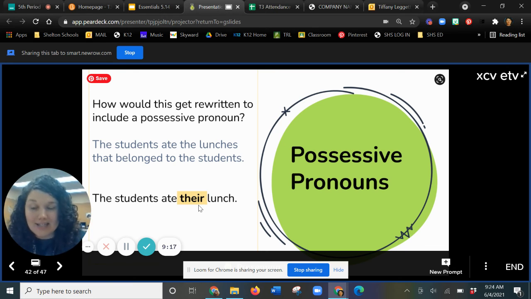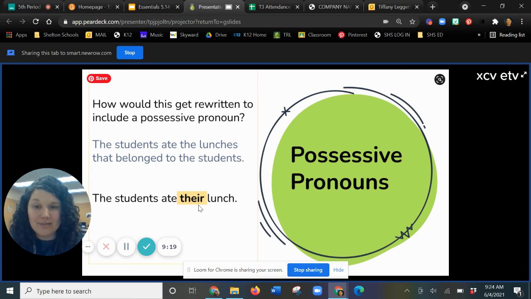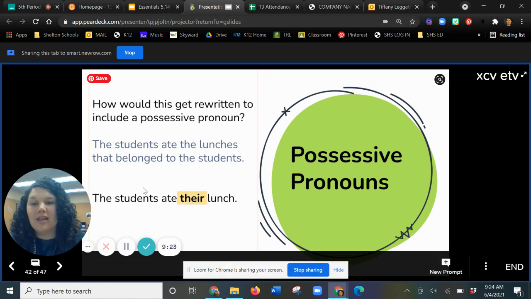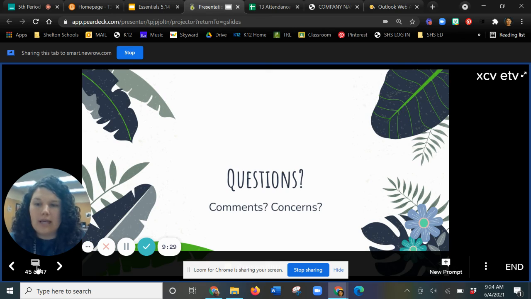And in this case, which one is the antecedent? It's the thing that the sentence is about, the students. Students would be the antecedent. Okay, that was just a recap.